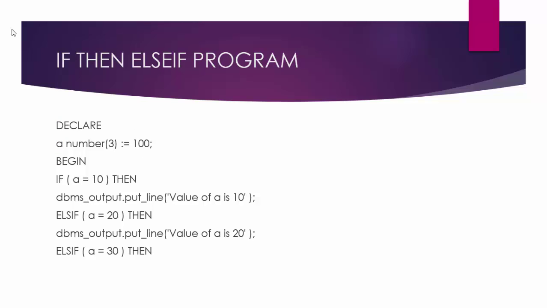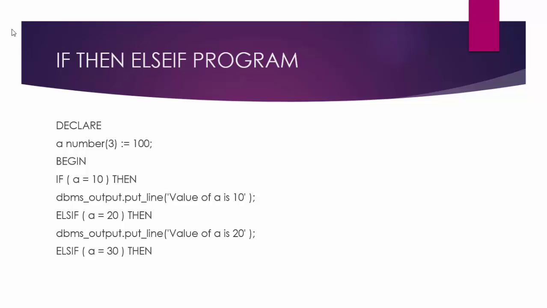Let's see an if then else if program. This is a bit complex if you are a starter, but again it's very easy if you know the concept. Declare a number equals 100 again, which means we are assigning the value 100 to the variable a.